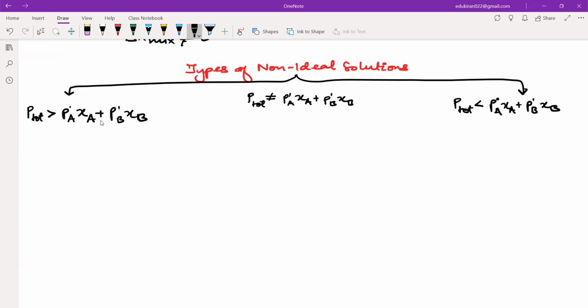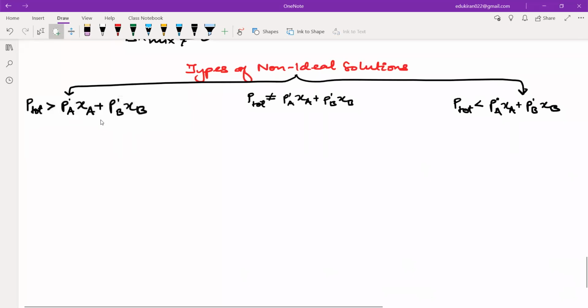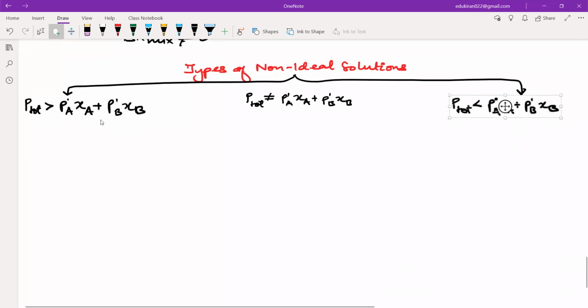Okay. Now there are simple names for this type of deviation. Both of these things are showing deviations from Raoult's law. The names of these are very simple. If you remember it from the perspective of pressure, है ना. Pressure की perspective से याद कीजिए. So the case where you have P total which is greater than the P naught A chi A plus P naught B chi B, it is known as positive deviation from Raoult's law.